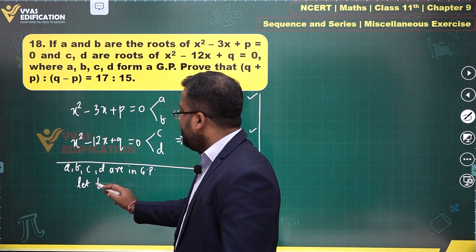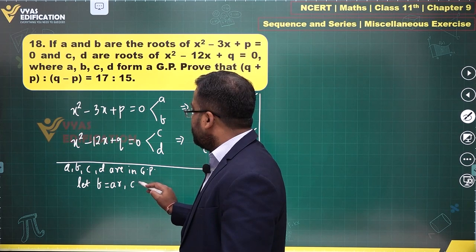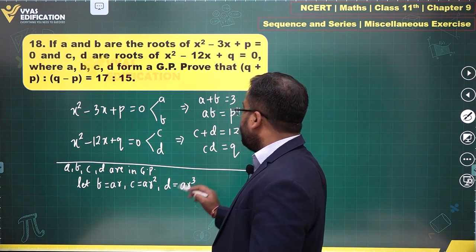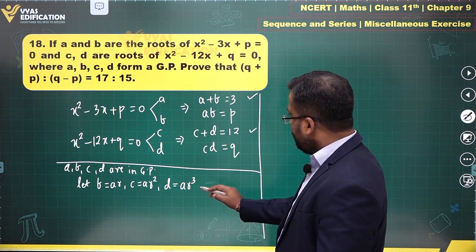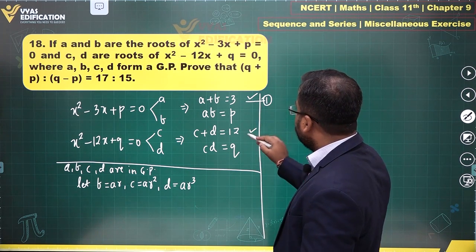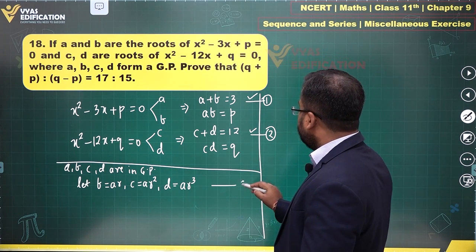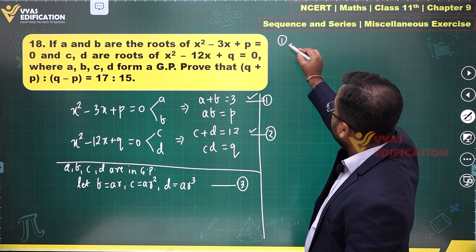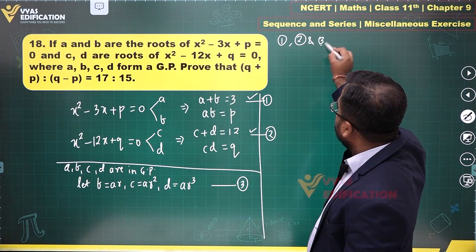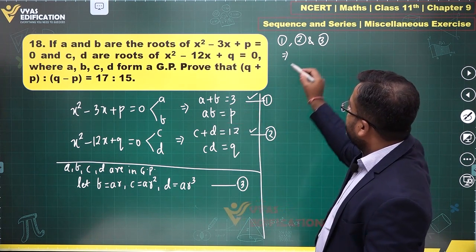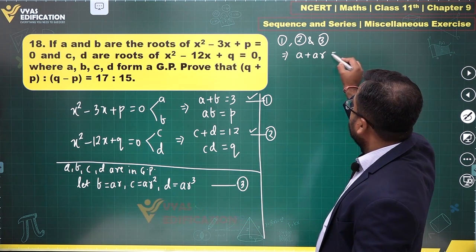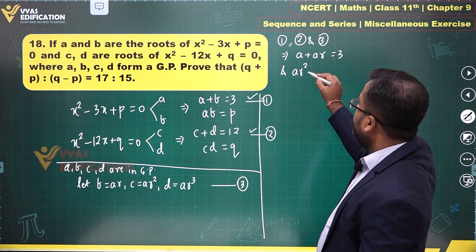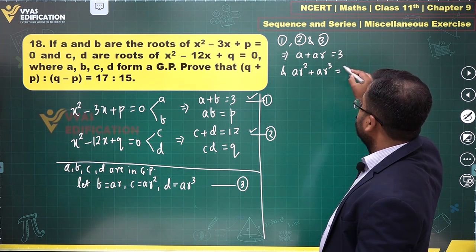Let B = AR, C = AR², D = AR³. We can do this using 1, 2 and 3. Using 1, 2 and 3 implies that A + B, which is A + AR, is equal to 3, and C + D, which is AR² + AR³, is equal to 12.